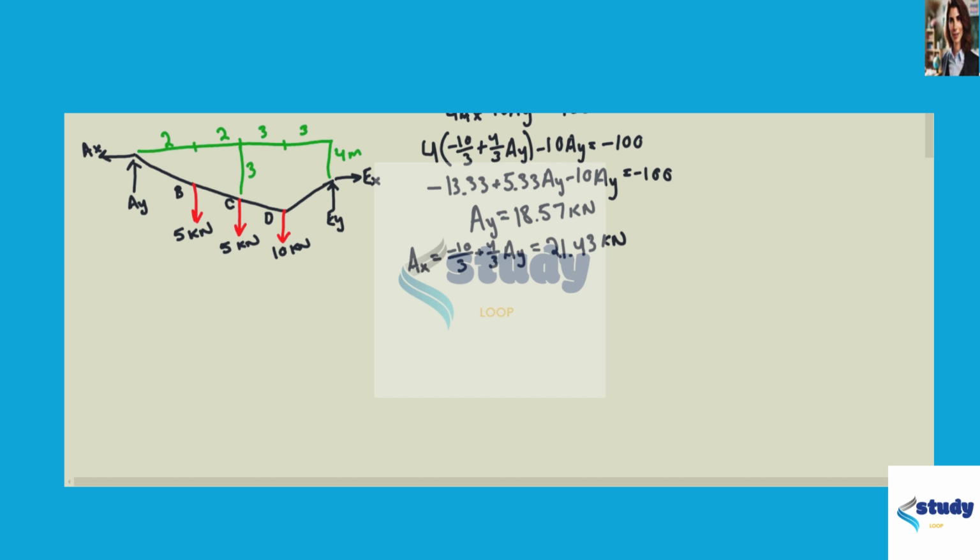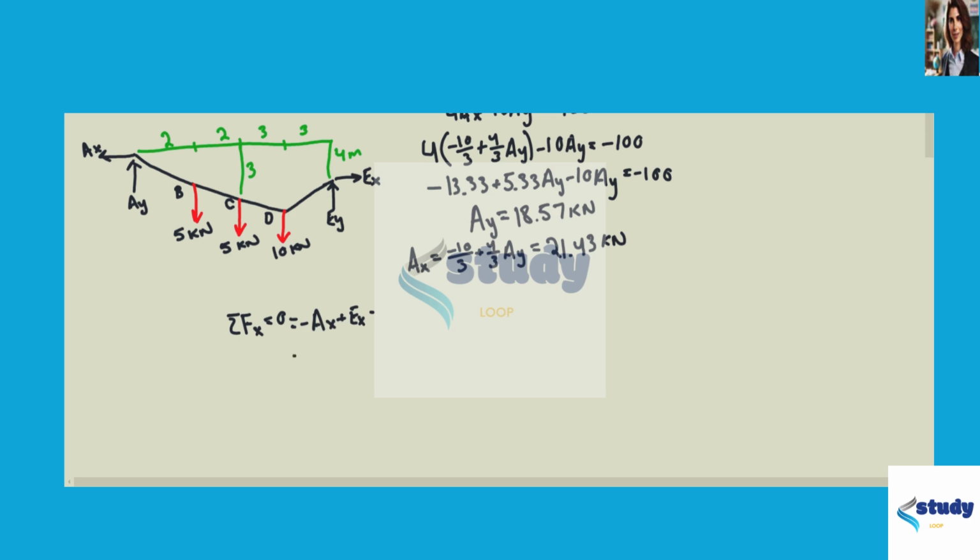All right, and because we know the reaction forces at A now, we can go ahead and solve for the reaction forces at E. So we're going to take the sum of the forces in the x direction and set that equal to 0. We know AX is going in the negative x direction, so it will equal negative AX plus EX, because we know EX is in the positive x direction.